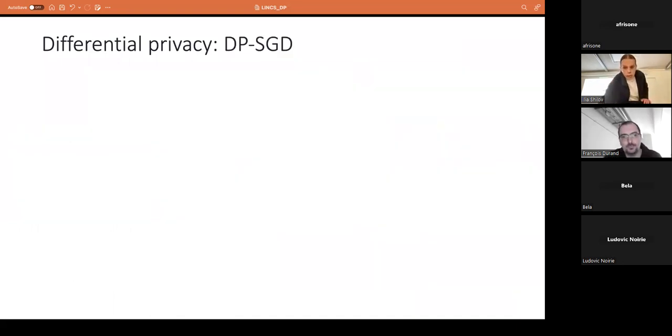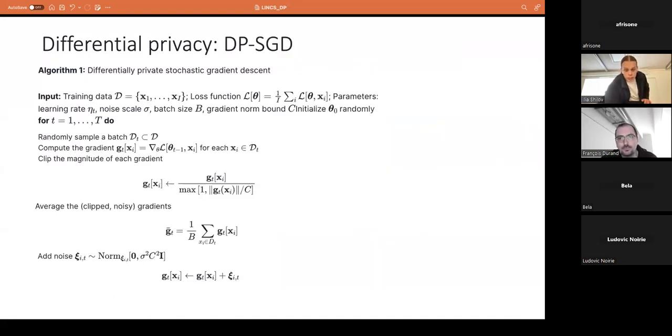So now to the application part. We don't have that much time, so I will do a lot of hand waving. Differential private stochastic gradient descent: you have some training data, and the outcome of your SGD will be a parameter that you want to learn and then use to make predictions.